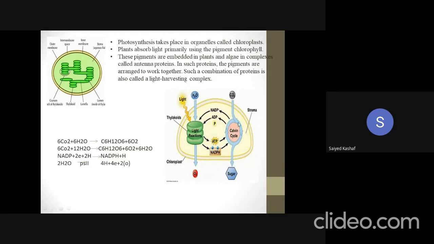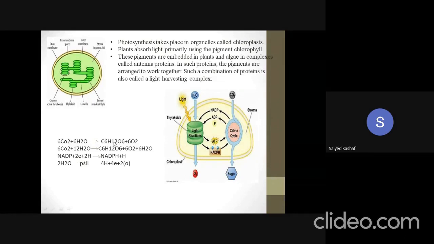So this is the summary of today's lecture. We know that the reaction of photosynthesis is 6CO2 plus 6H2O, which gives C6H12O6 plus 6O2. By visualizing this reaction, it seems that the oxygen has evolved from CO2, right?